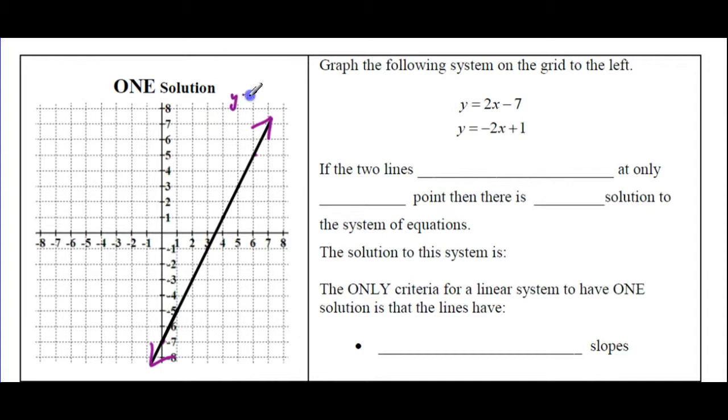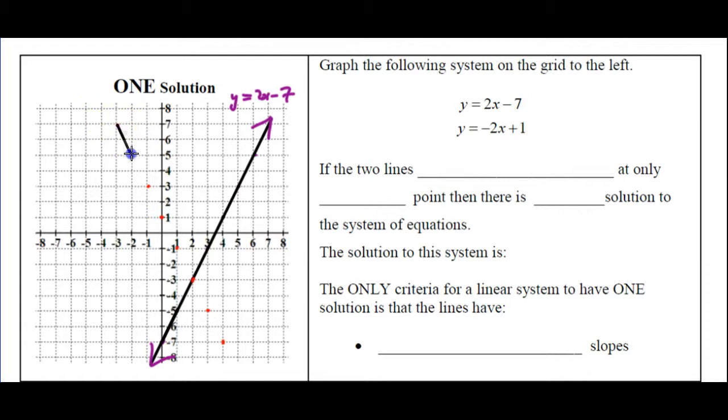y equals 2x minus 7. And how about red? y equals negative 2x plus 1. Negative 2, down 2, right 1. Down 2, right 1, down 2, right 1. Up and left, up, and draw the line.